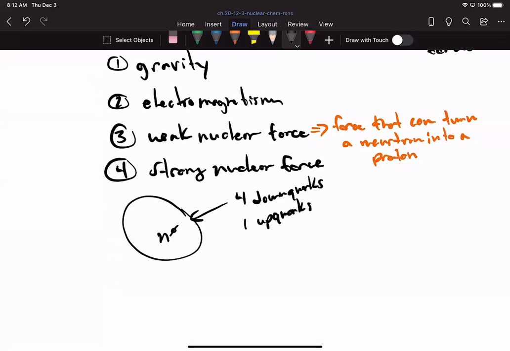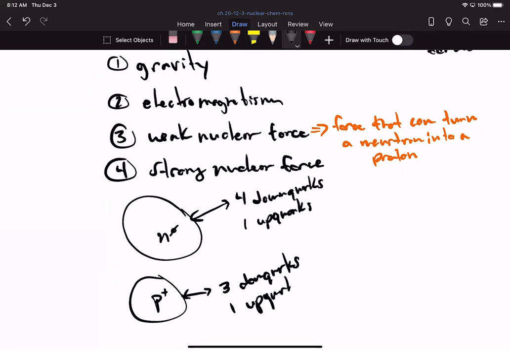You might have heard that term quark before. And protons have 3 down quarks and 1 up quark.